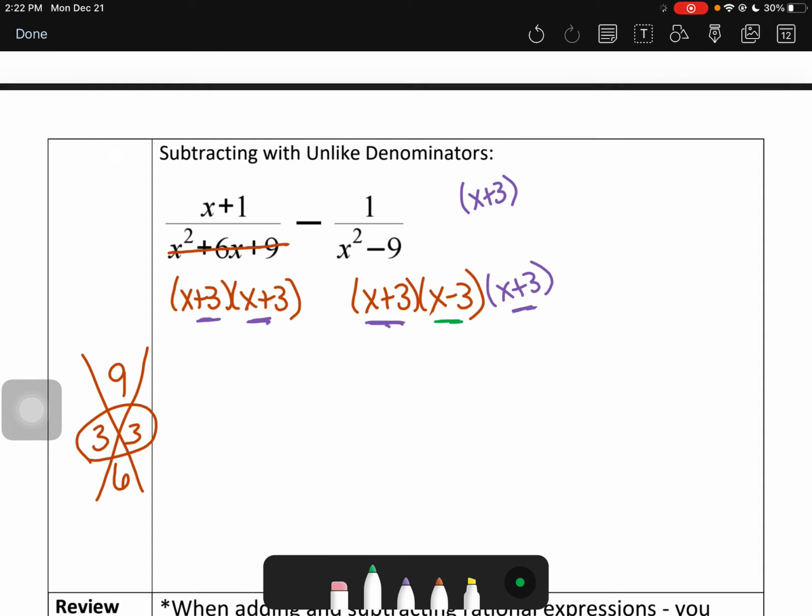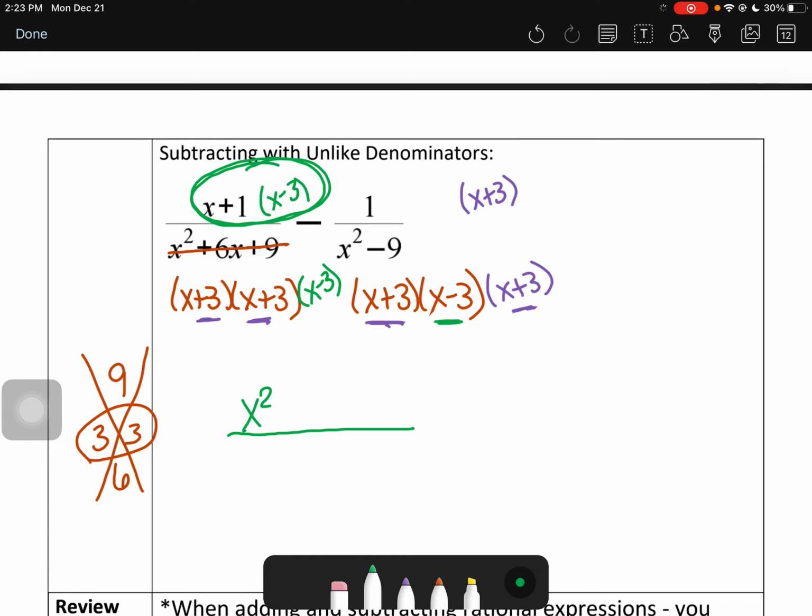However, this has an x minus 3 and the first one doesn't. So we need to take both the numerator and the denominator times x minus 3 to get our same factors. All right, so what that means is that we are going to FOIL this top part because we are going to need to combine like terms on the top.